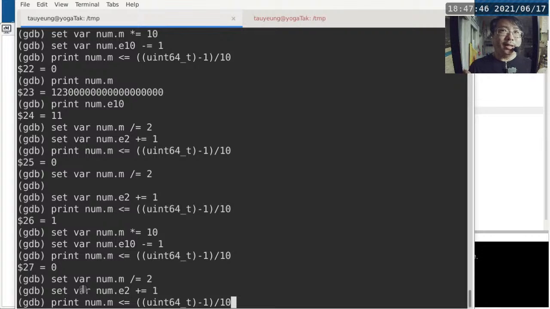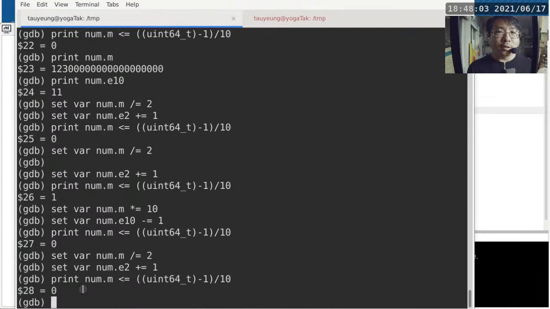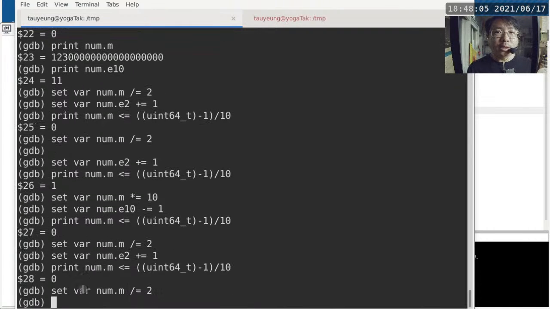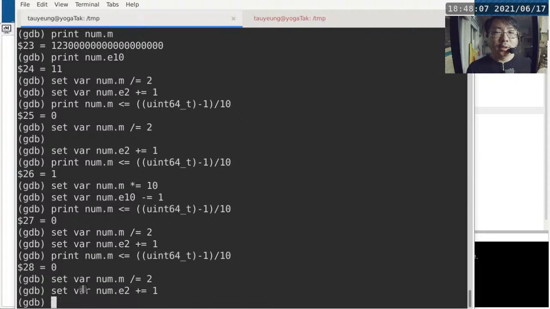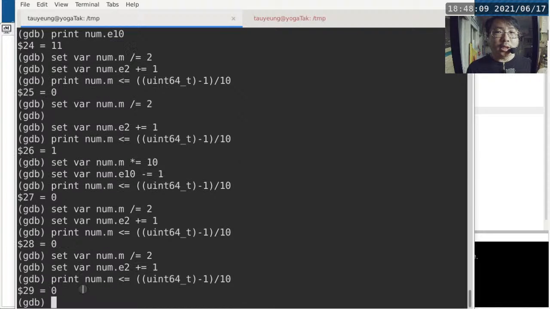And I can tell you the answer is going to be no, because 10 is greater than 2 to the power of 3. So we need to divide m by 2 at least 3 times to have a chance of having enough room to multiply by 10 again. So definitely not. Another time. And not yet.